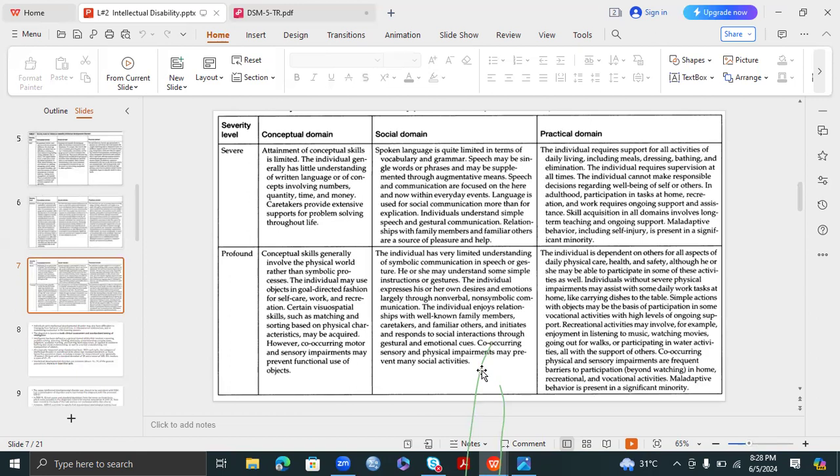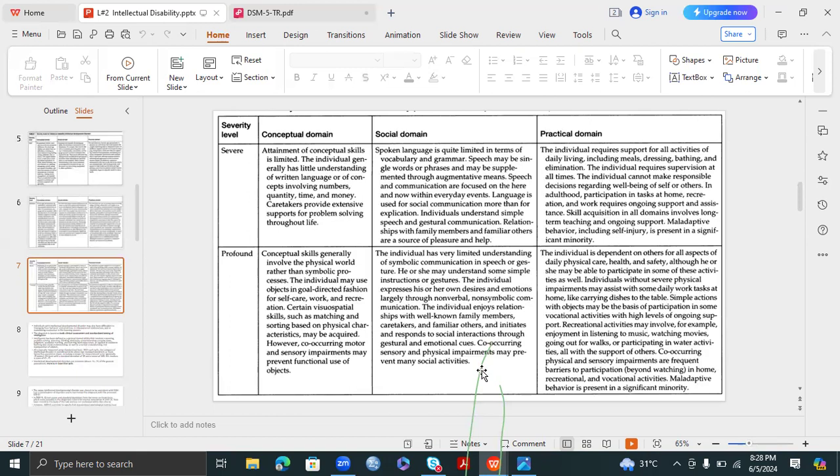Then it comes to the profound level. There is a significant difference we have to understand between the severe and the profound severity level. In the case of profound, you would expect some co-occurring motor or sensory impairments, or other physical impairments.